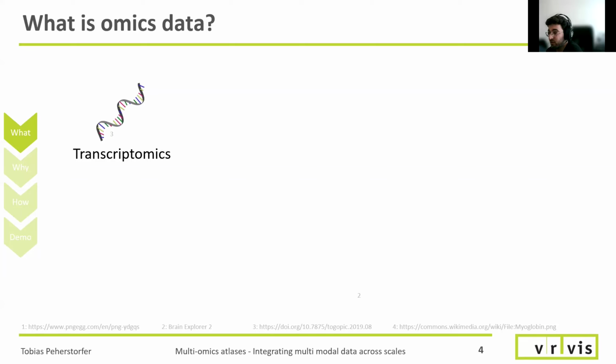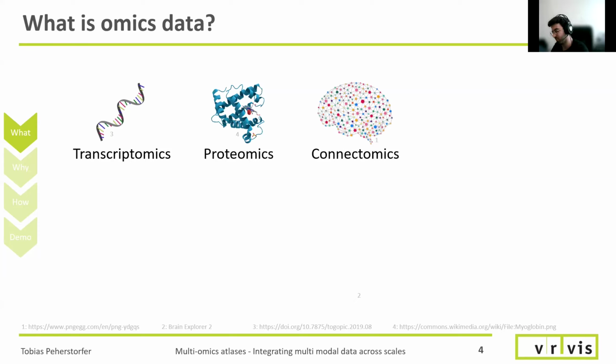There's also other omics data types like proteomics, which quantifies the abundance of proteins in tissue. But there's also omics types that actually don't concern themselves with, let's say, molecules per se, but with other biological entities like connections. These are some of the most important for neuroscience in general, and they are summarized under the umbrella of connectomics.